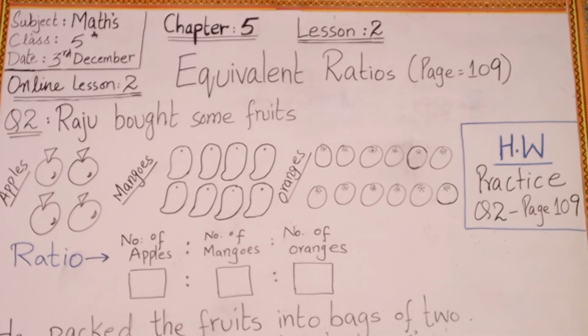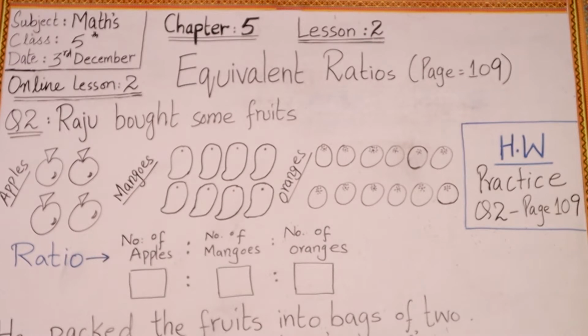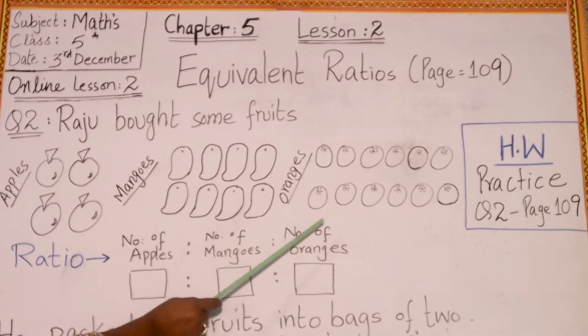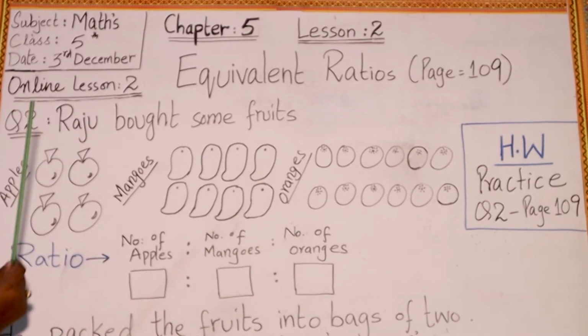Question number 2 is that Raju bought some fruits. He bought 4 apples, 8 mangoes and 12 oranges. Now he is interested to find the ratio of the number of apples to the number of mangoes to the number of oranges.